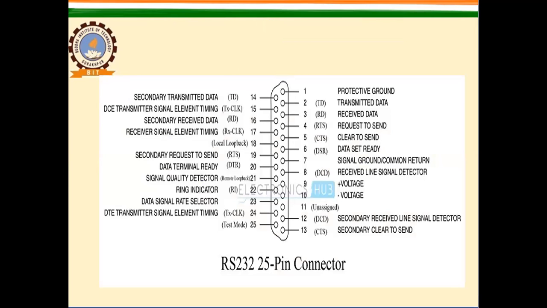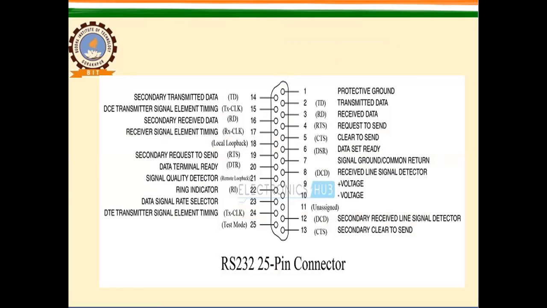So this is a diagram of the RS232 25-pin connector. In this diagram, you can easily see that the upper line has 13 pins, and the lower line contains 12 pins. And each pin has a role to play.